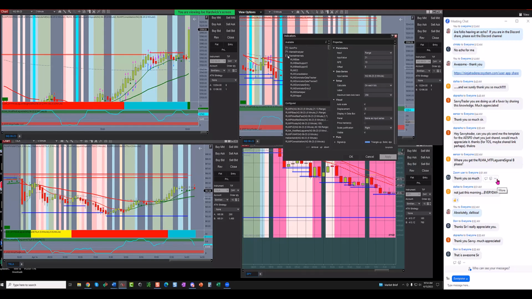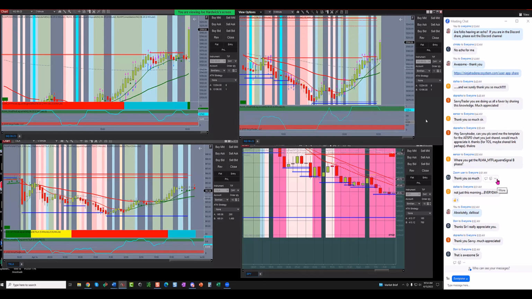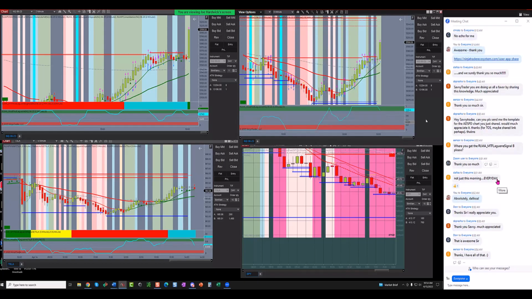Now, if I get into my market internals, that's when you're going to start to see where my data tracker comes from, where some of these other strategies are built, my market analyzer, and here's where the RLM modified Laguerre, the signal A and B, and the multi-time frame Laguerre comes from. So just to be clear, anything in the market analyzer is stuff that I had purchased. Like I said, I'm not employed by them, so I had to buy my software. I had to pay money for it.